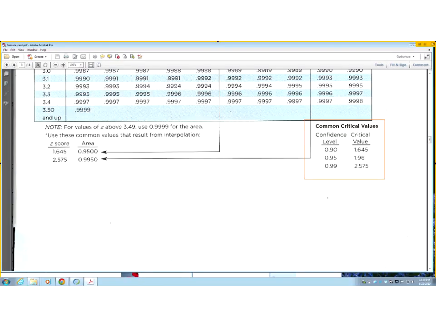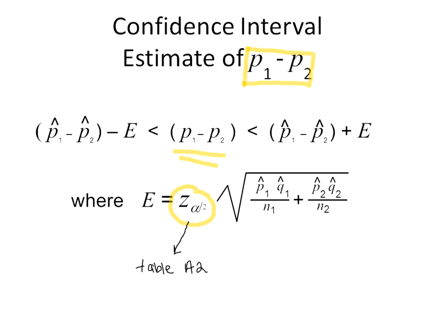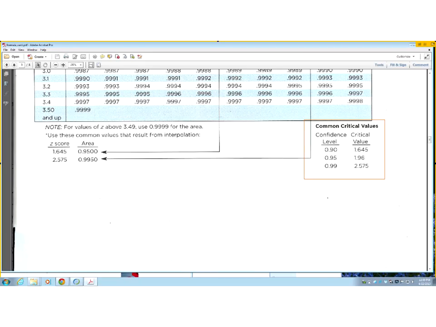All right, so that's what you're paying attention to. For this formula, the critical values are going to come from table A2, and the common critical values are listed in your table. And we also found them back in chapter 7. I showed you how to come up with these critical values.